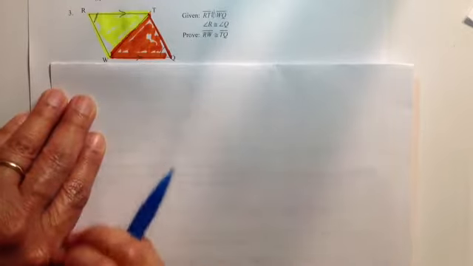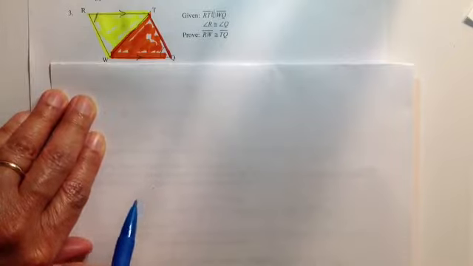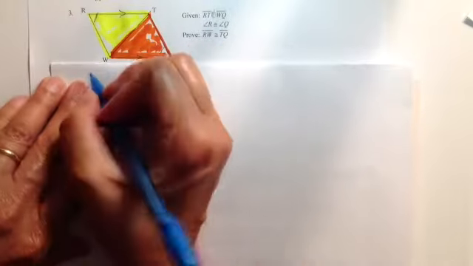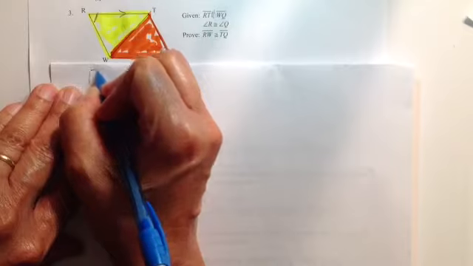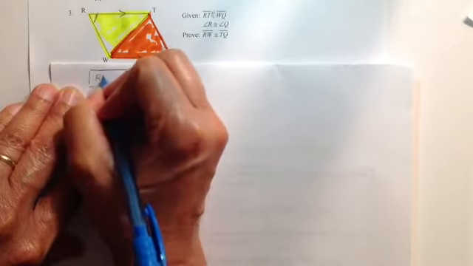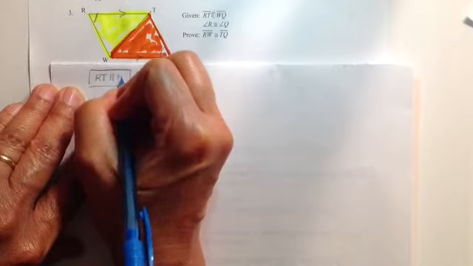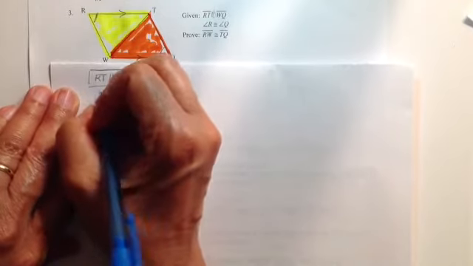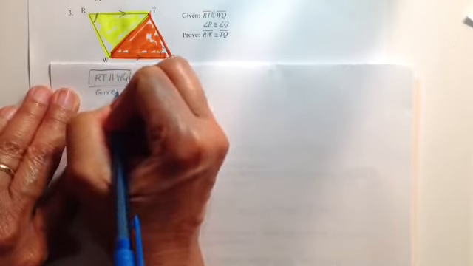All right, so let's start out with what's given. In our flow proof, we're going to say that RT is parallel to WQ. How do we know that? Because it's given to us.